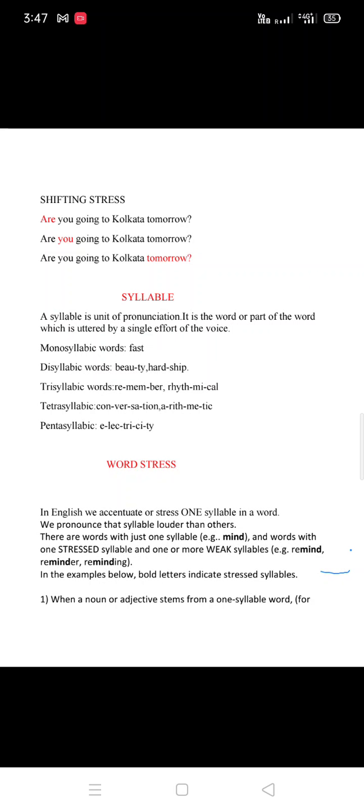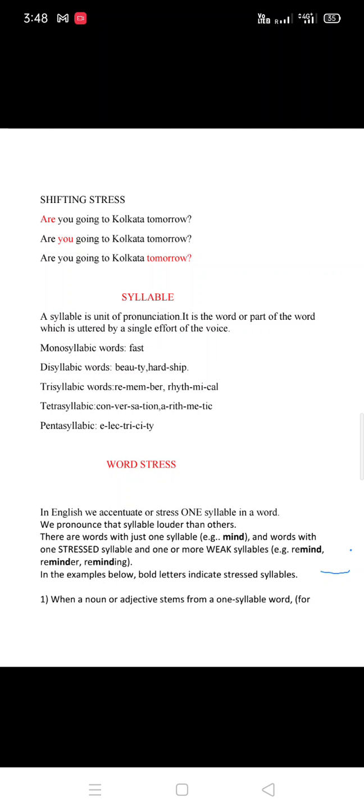Remember, remember. See, if you pronounce the word and if you listen very carefully, if you listen to me very carefully, you can identify that there is three unit of pronunciation in the word remember. Remember, remember, right? See, beauty, two syllable, hardship, two syllable.